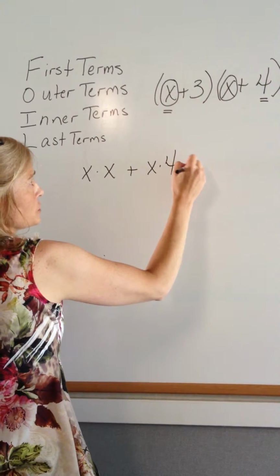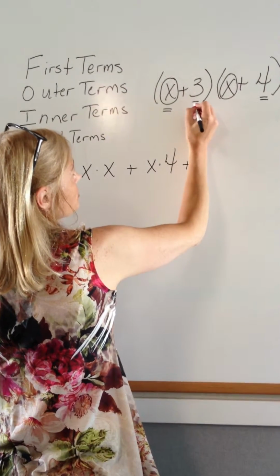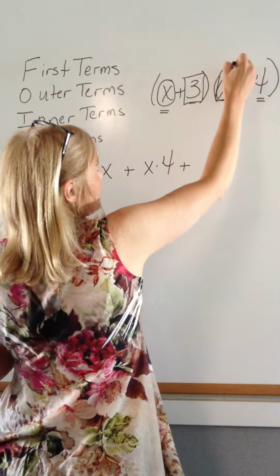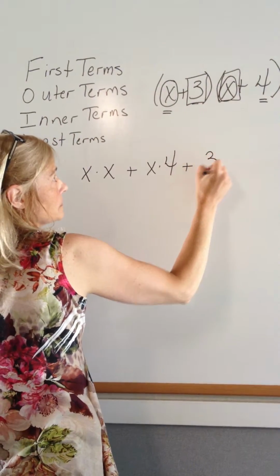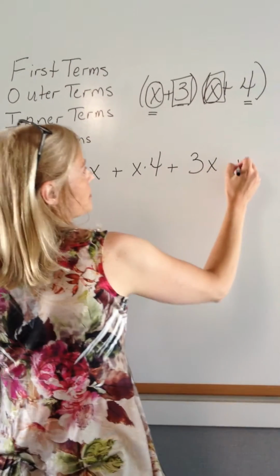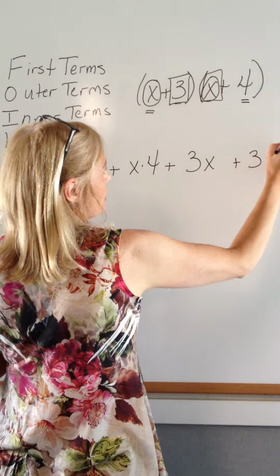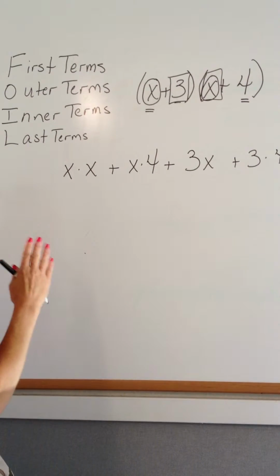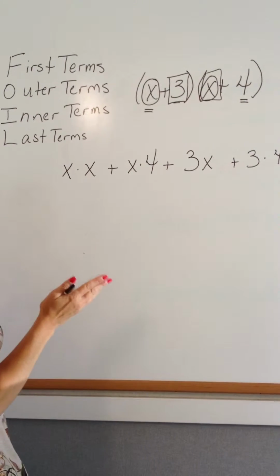Then we look at the inner terms, and the inner terms are the 3 and the x. And then the last terms, which are the 3 times the 4. Sometimes you can put different shapes around the letters so that you know what you're multiplying them with.